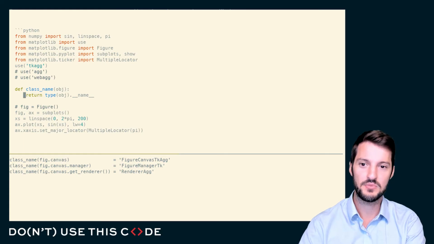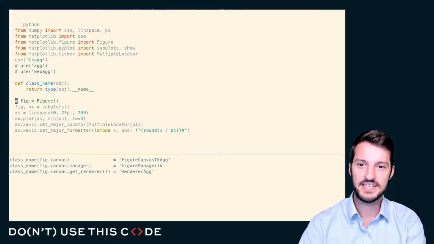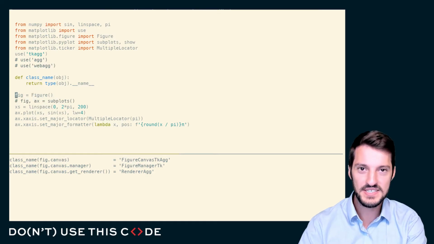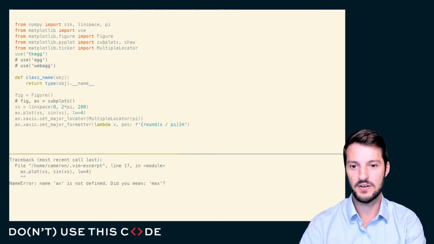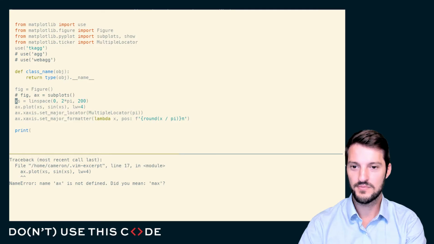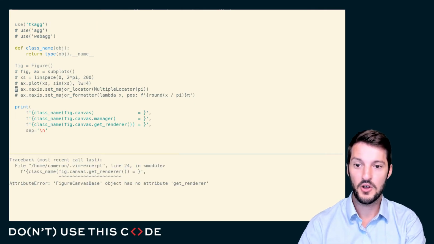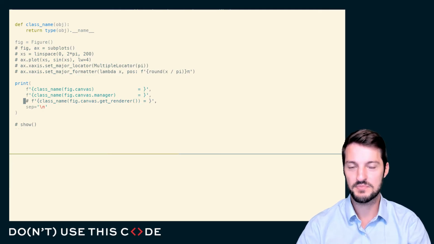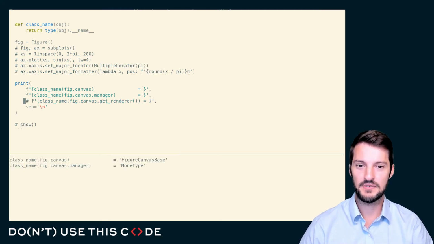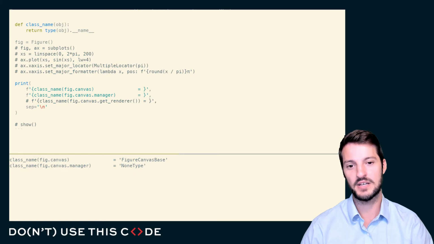But one thing I do want to point out, regardless of the backend that I'm using, if I instantiate a figure outside of PyPlot, well, it turns out that we don't actually have a renderer set up because PyPlot takes care of that. We don't actually have a canvas manager set up because PyPlot takes care of that.